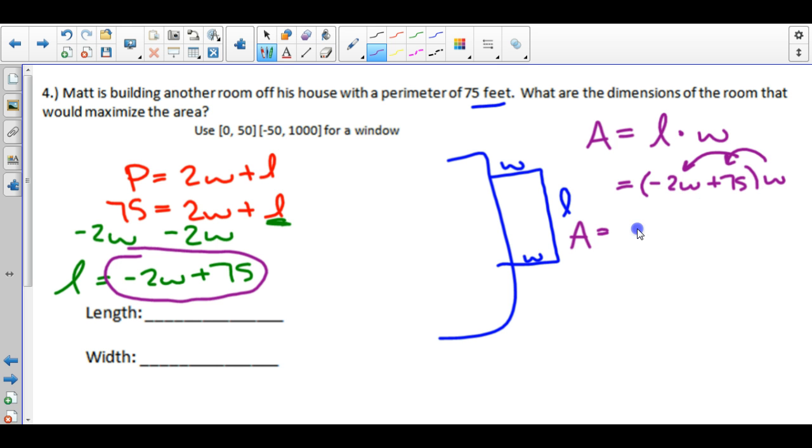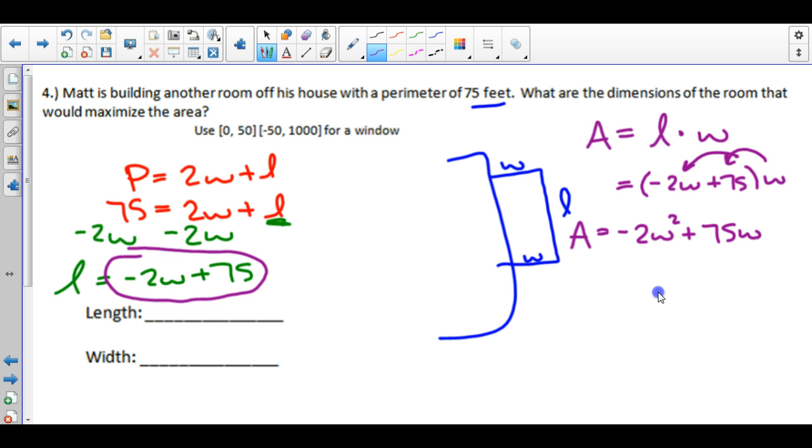So negative 2W times W is negative 2W squared, plus 75 times W is just 75W. This is standard form because your W's are going from highest power to lowest power. You want your squared term to be before the one that just has the W, or just before the constant.